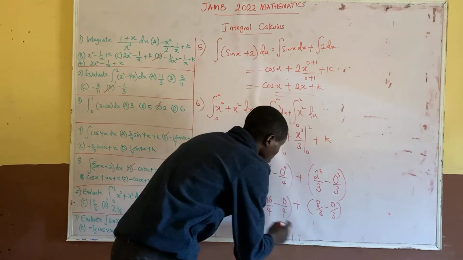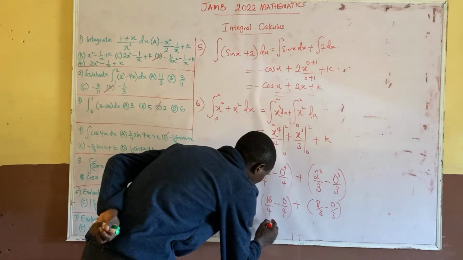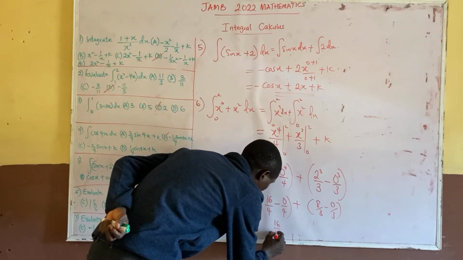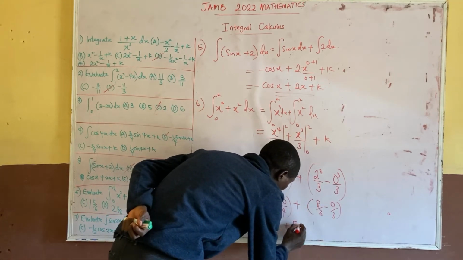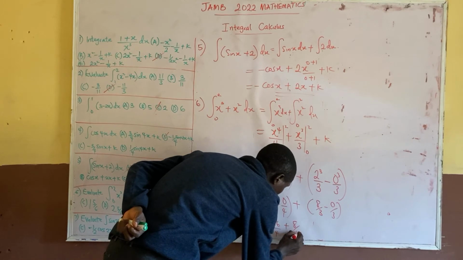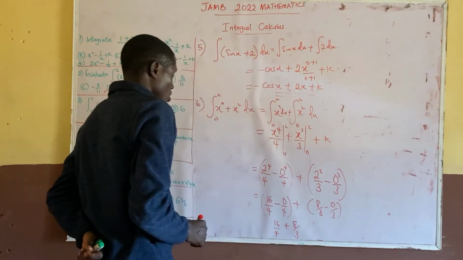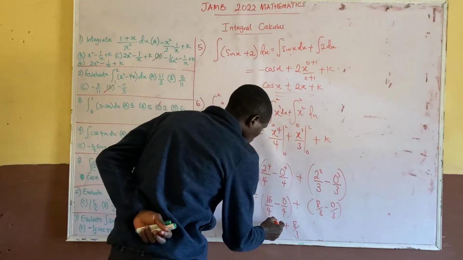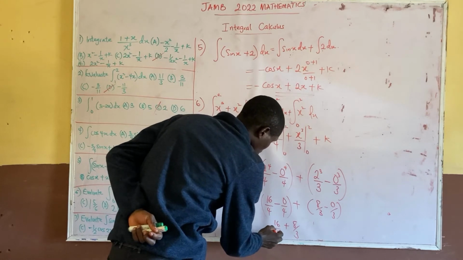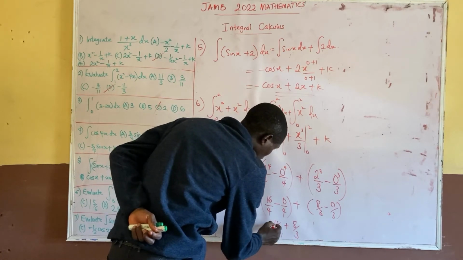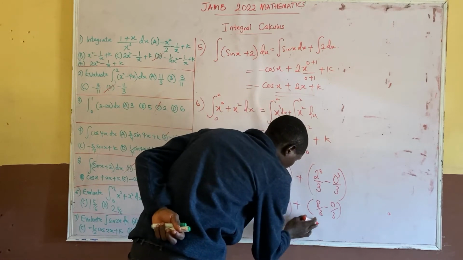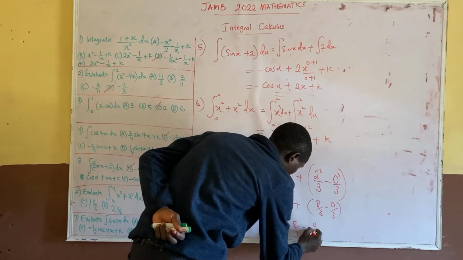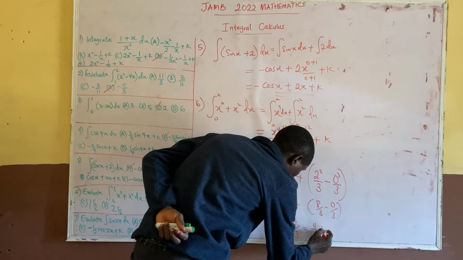When you add this together, 16 over 4 plus 8 over 3. You can simplify 16 over 4 to be 4, so we have 4 over 1 plus 8 over 3.